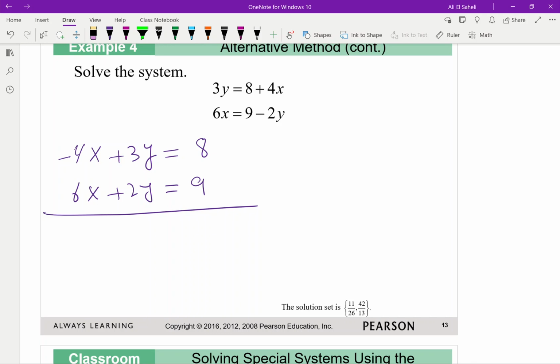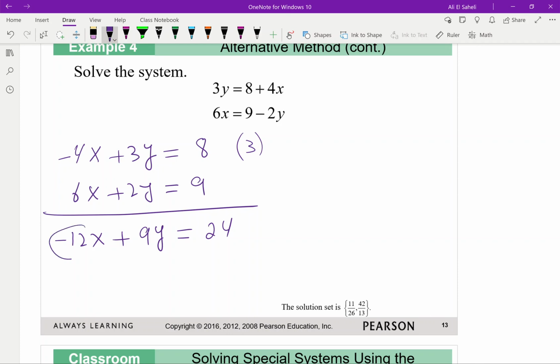So if you multiply equation 1 by 3, so 3 times minus 4 is minus 12x. 3 times 3y is 9y. 3 times 8 is 24.